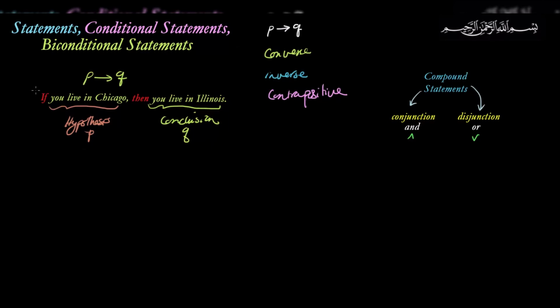So the converse of a statement is simply switching the conclusion and the hypothesis. You can think about a converse like a reverse of the original statement. If the original statement is if P, then Q, then the converse is if Q, then P.